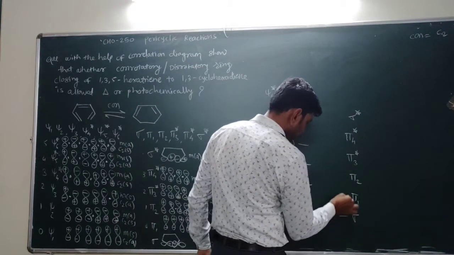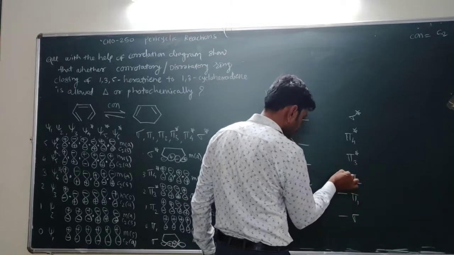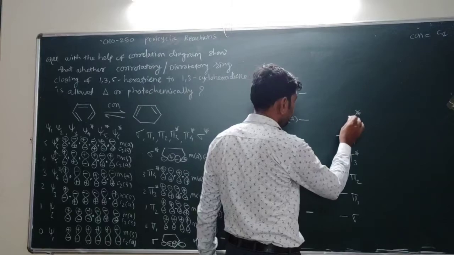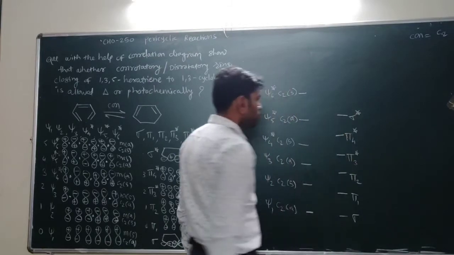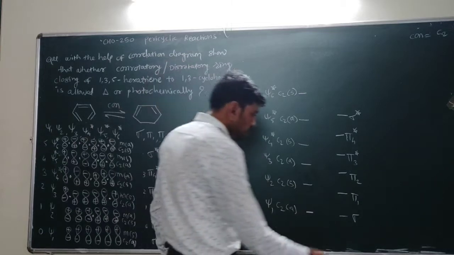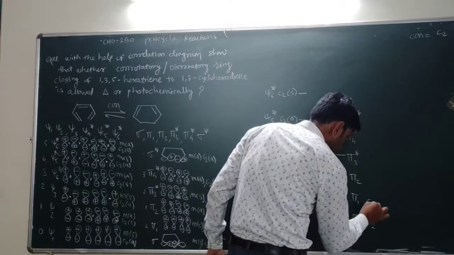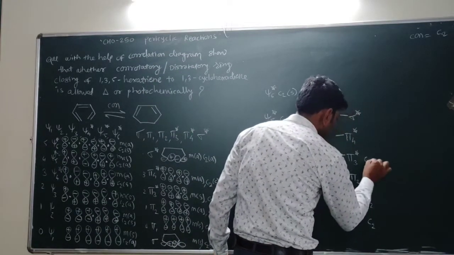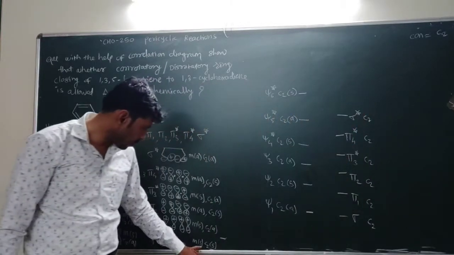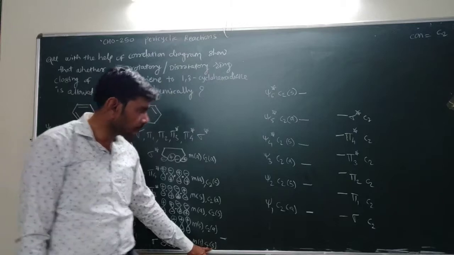Now we also have to draw the C2 symmetries for the product orbitals. For sigma, see here C2 symmetry. For all these orbitals, we have to consider C2, whether it is asymmetric or symmetric. So sigma orbital is C2 symmetric.